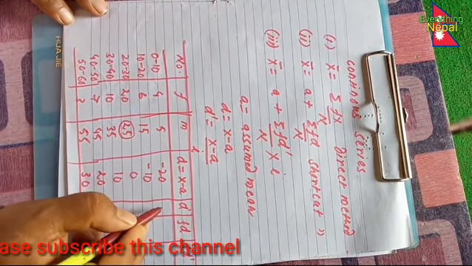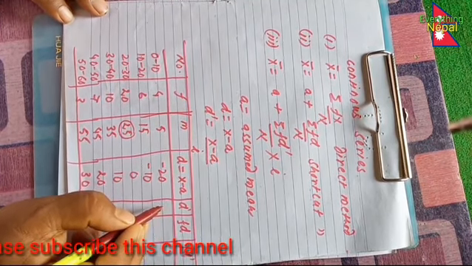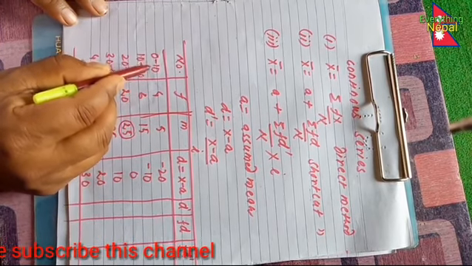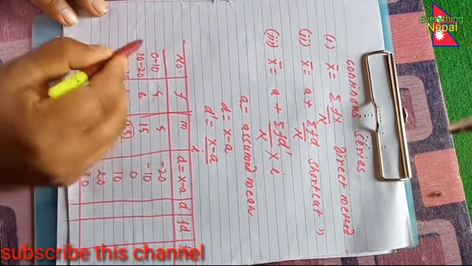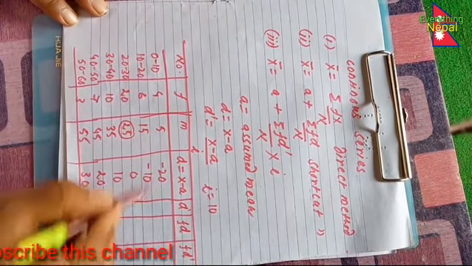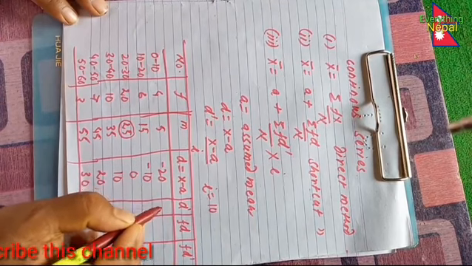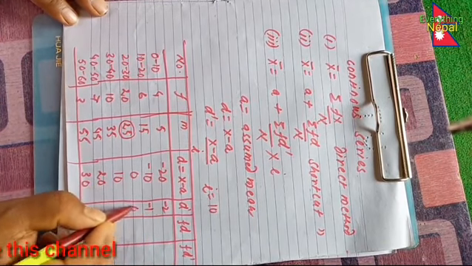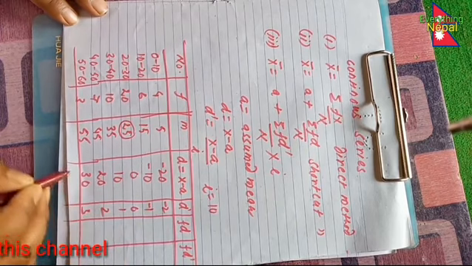So D prime becomes, here the interval I is 10, so D prime becomes minus 2, minus 1, 0, 1, 2 and 3.